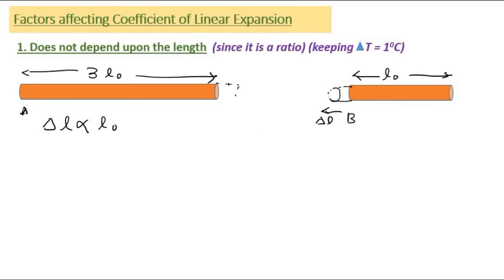But if I heat this rod by the same 1 degree rise, the expansion will be thrice delta L, because if I make this length double, then the increase in the length will also become double. That is the meaning of proportionality.